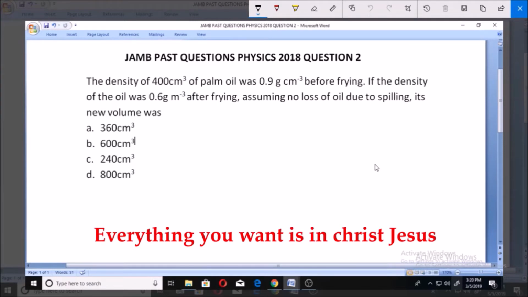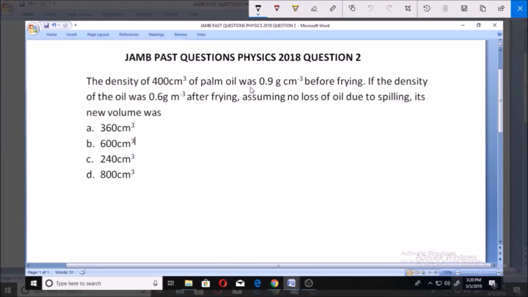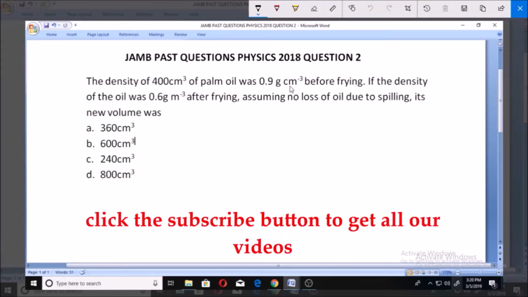Question number 2. The density of 400 cm3 of palm oil was 0.9 gram per cm3 before frying.